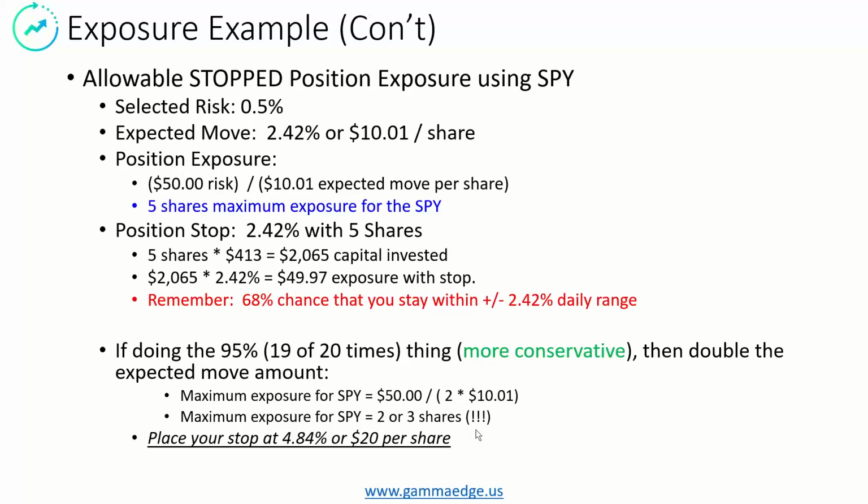If we do this at 95% by doubling those values that we spoke about earlier, then that leaves you with only 2 or 3 shares total position, and you place your stop at 4.84%, which is double the initial calculation, and that would be $20 per share, which actually is a larger stop, but we have to remember that 19 out of 20 times, your stop will not be hit.